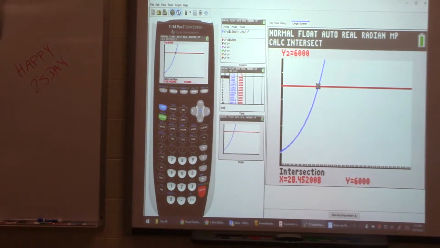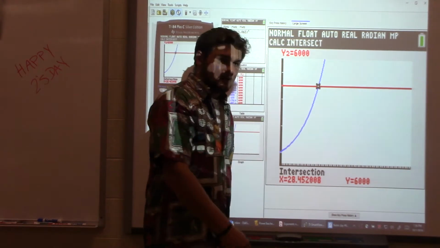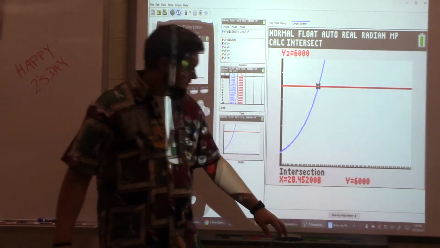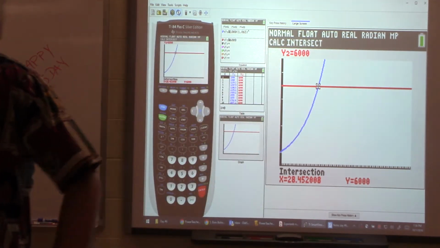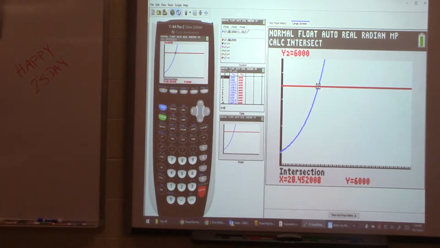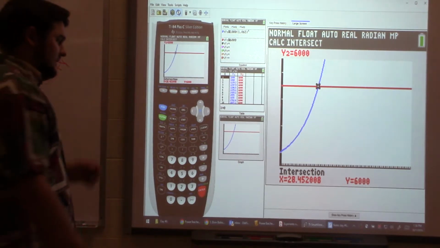Did we all get that on our calculators? We'll try it again. Okay. So is that the answer? That is our answer. That takes us 28 and a half years to get there. Like I said, next unit when we do logarithms, well, now we know how to do it, so then we'll be able to do it by hand and actually learn it that way. 3 times.